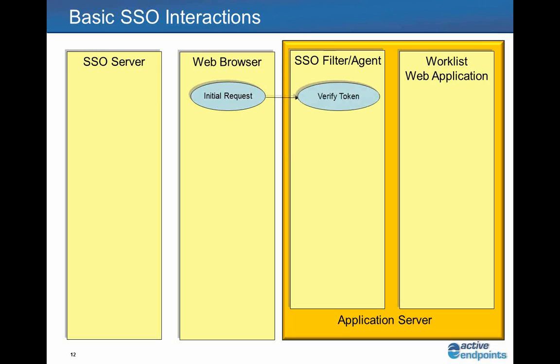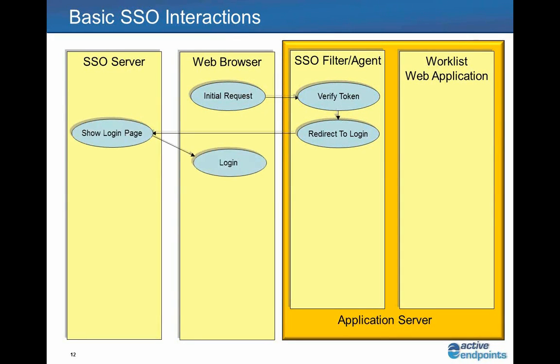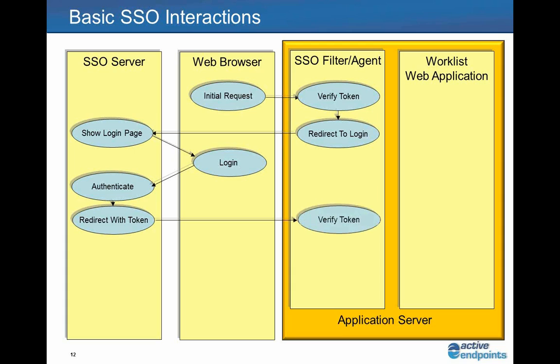That gets intercepted by the SSO filter to verify the token. There's no token, or it's not valid. So it says, wait, he hasn't logged in yet. Redirect to login. So the SSO server says, show a login page. The user logs into the SSO server, which authenticates them, and then redirects back to the SSO filter with the token.